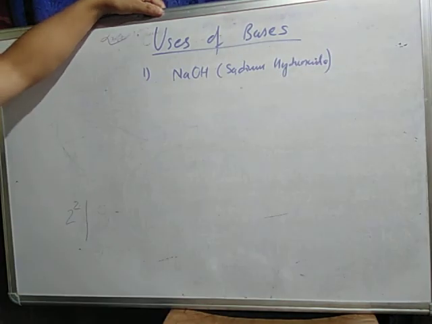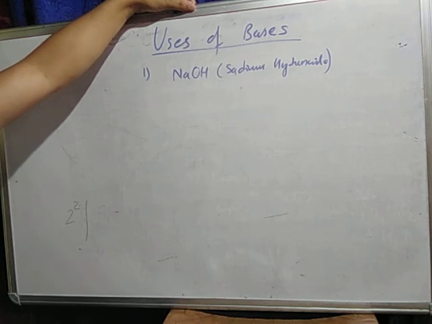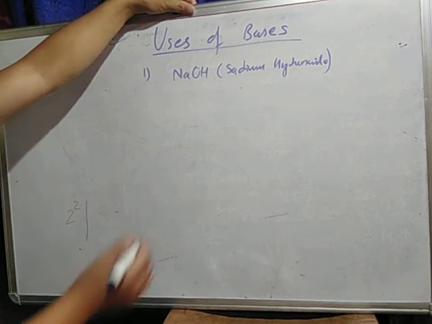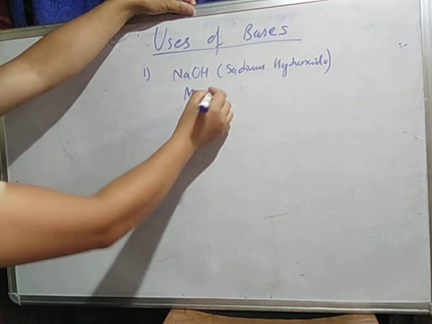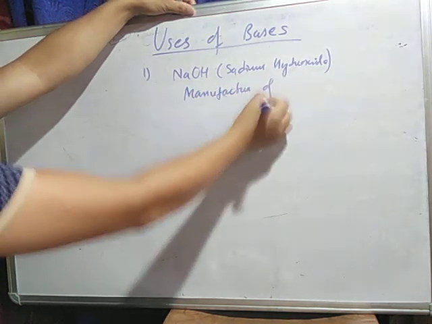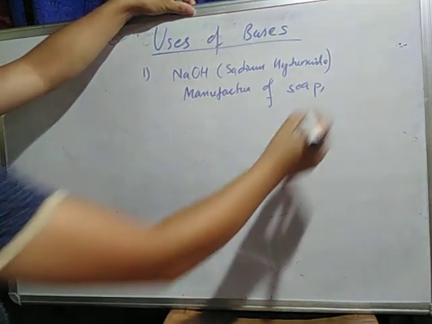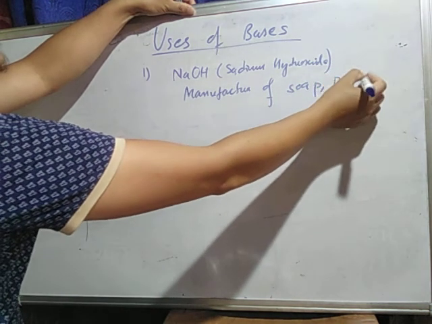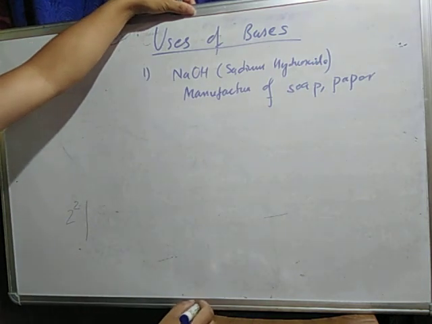Okay. So sodium hydroxide is used in manufacture of soap, paper and synthetic fiber called rayon. Okay. So it is used in manufacture of soap, papers, synthetic fiber, rayon.